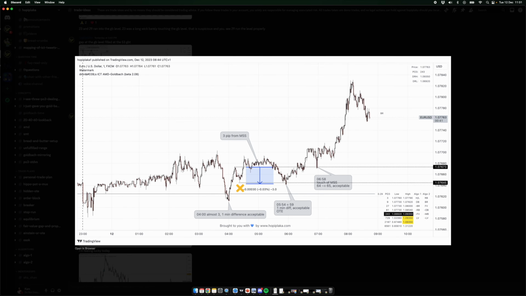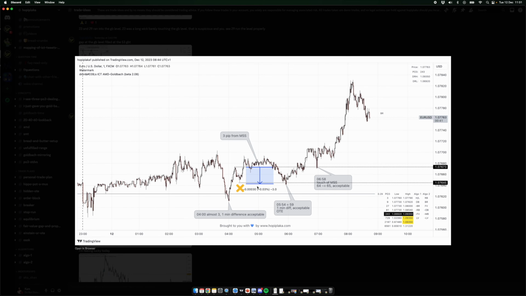So in effect, what he saw was you had time and price coming together, you had a market structure shift, and then this market structure shift acted as support. And you have other concepts as well where you have a 3-pip stop run of liquidity, right? So there's your liquidity. There's a 3-pip stop run of liquidity after this market structure shift.